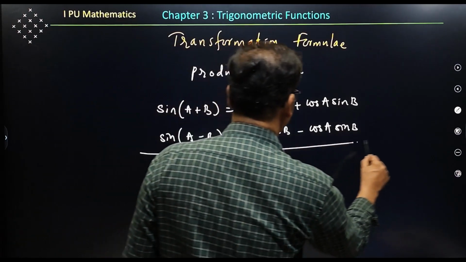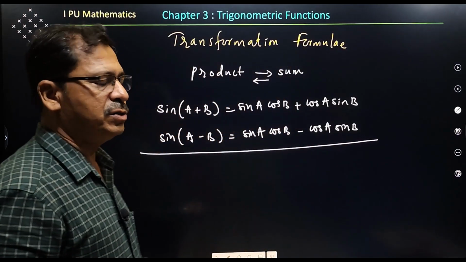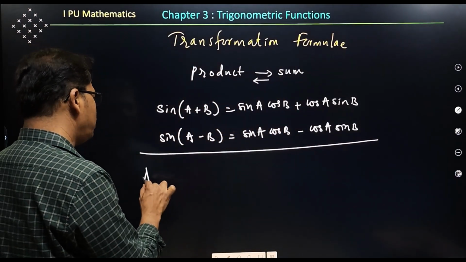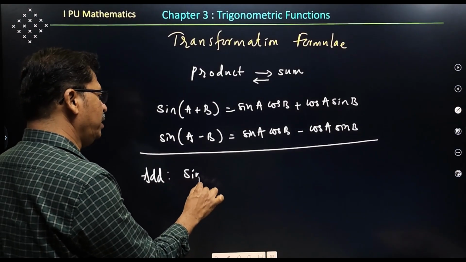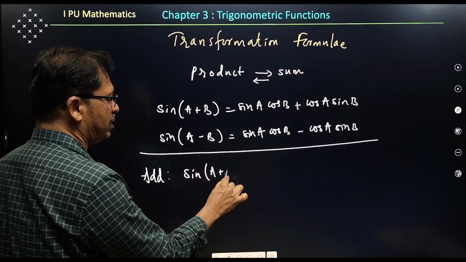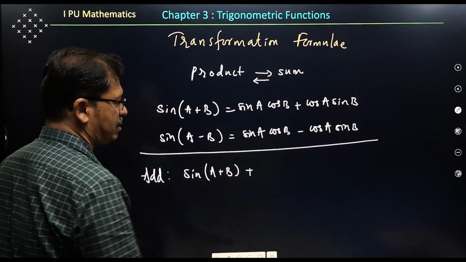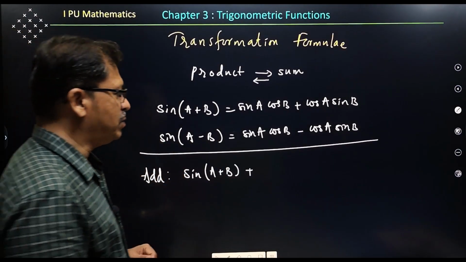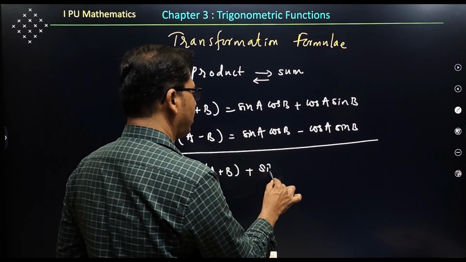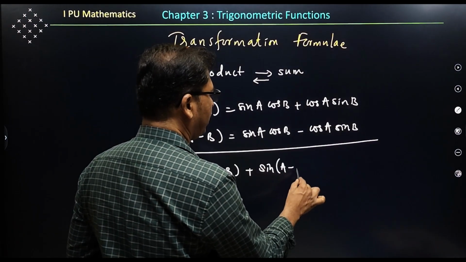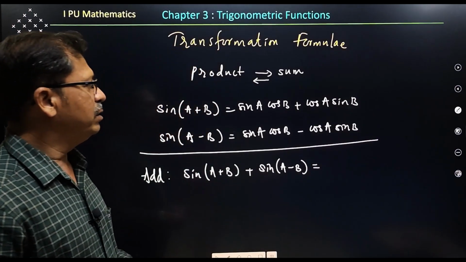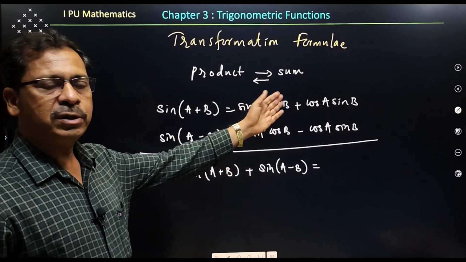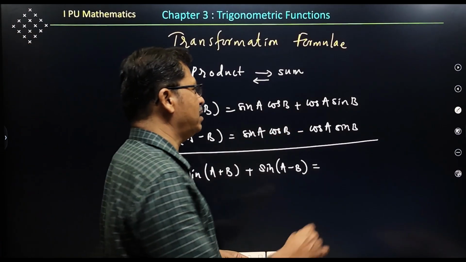If you add these two, what happens? Sin of a plus b plus sin of a minus b is equal to, here after addition, plus cos a sin b and minus cos a sin b cancel.